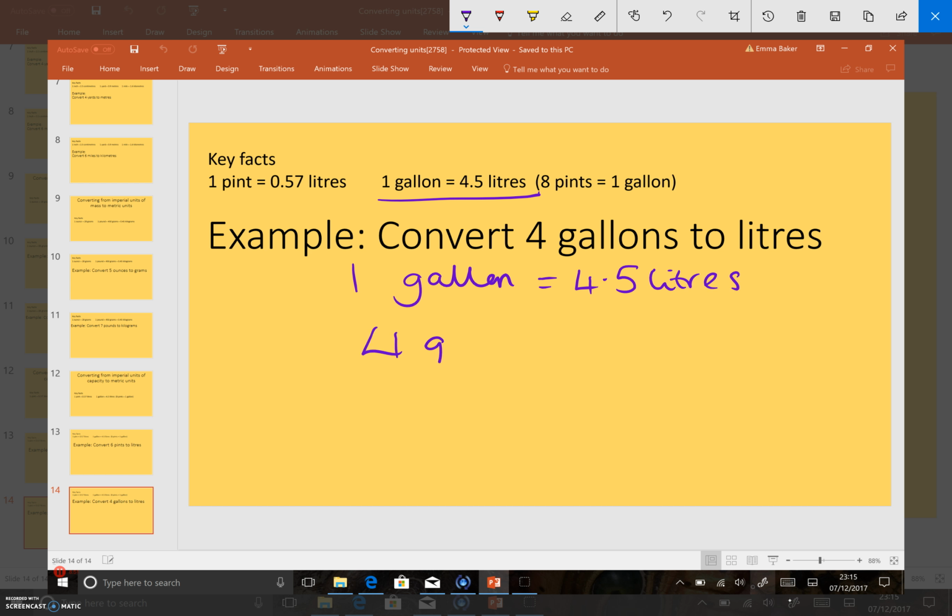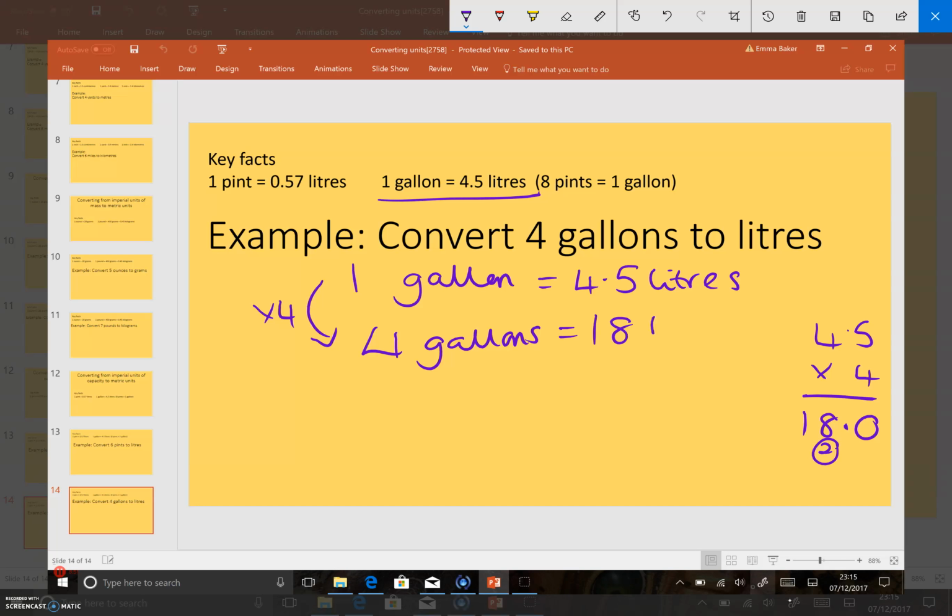So 4 gallons, I'm multiplying by 4. So 4.5 multiplied by 4 is 4 5s are 20, 4 4s are 16, add on the 2 is 18. So it's 18 litres. I don't need to write the .0.